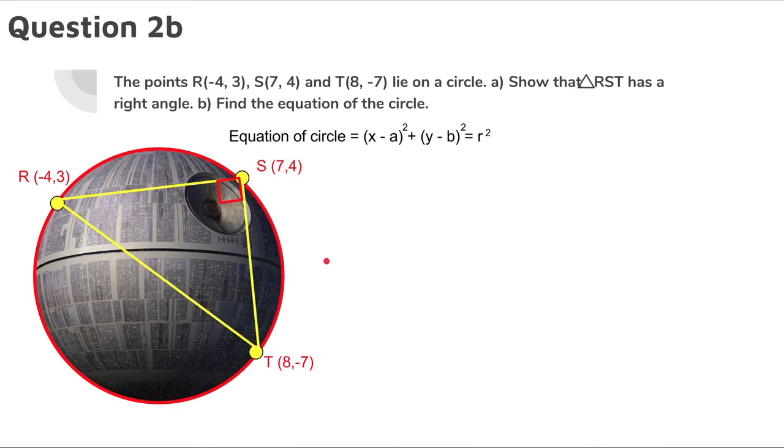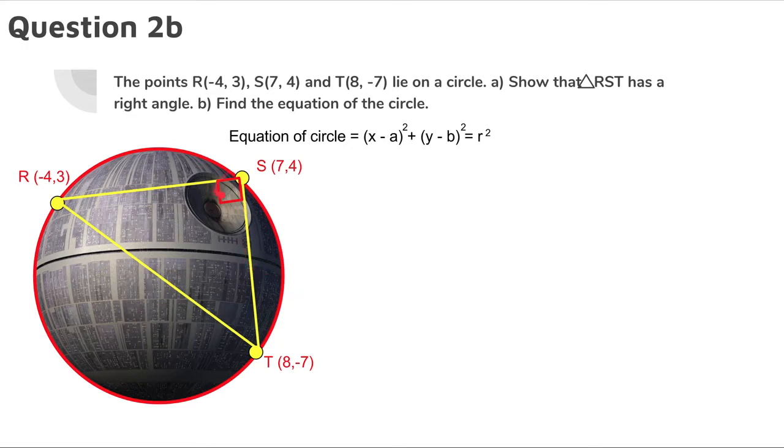But in this case, I'm not going to do that because there is a shortcut for this question. There's a reason in part A it asked you to show that RST has a right angle. Because by showing it has a right angle, you're showing that these three chords are part of a semicircle. And remember the rule I told you? Any angle in a semicircle is going to be a right angle.